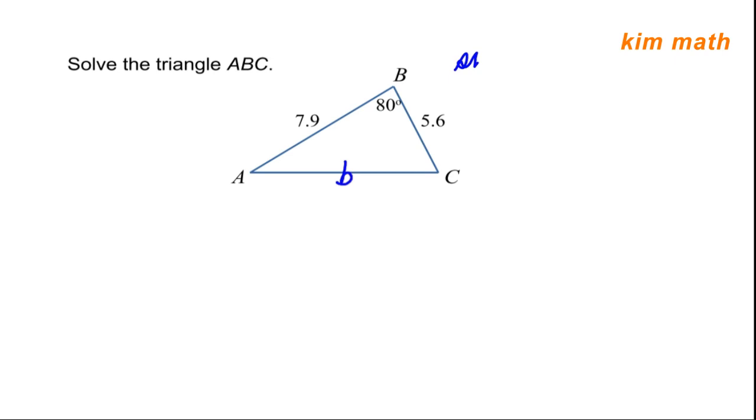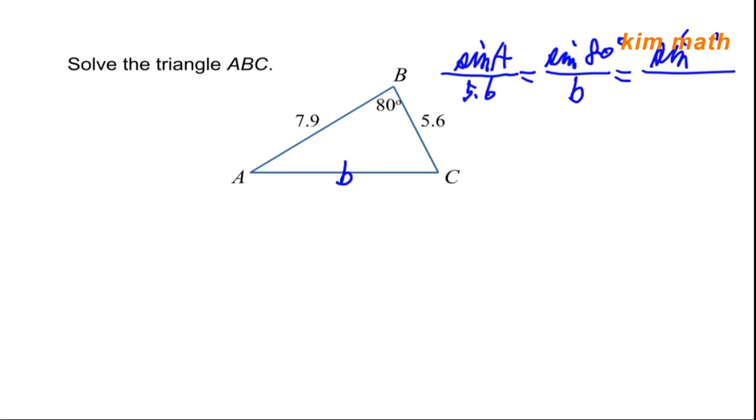Here, sine A over 5.6 equals sine B, so sine 80 degrees over b equals sine C over 7.9.